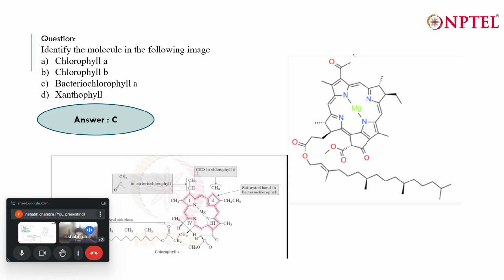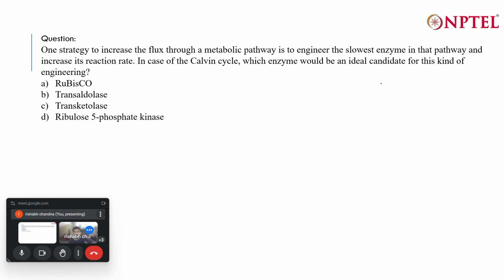Just here it's CH3C double bond O. So that's why it makes it a different structure as compared to chlorophyll A. So this is a bacteriochlorophyll A molecule represented here. So let's move on to the next question.